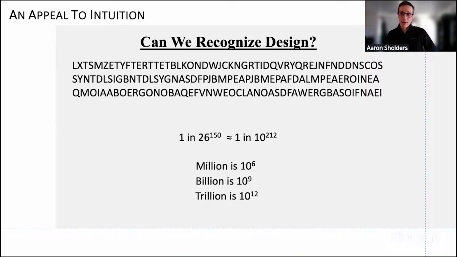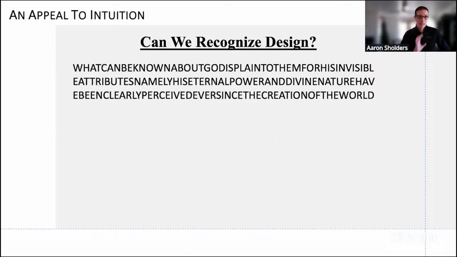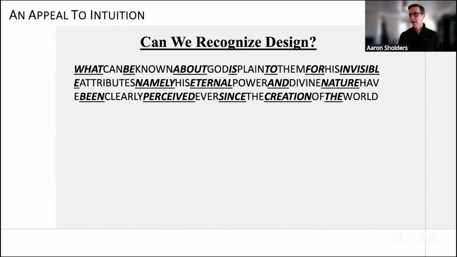However, let's do this. Let's look at this sequence of letters, okay? And kind of study that, and look at that, and let me go ahead and help you. I'll go to the next slide here because it might be kind of hard for some of you to see. Let's go to this slide. Okay. So now what I've done is I've bolded and I've underlined aspects of this to separate the text.